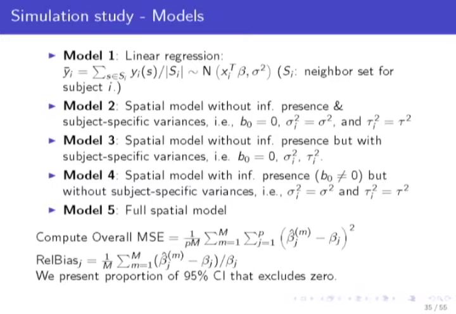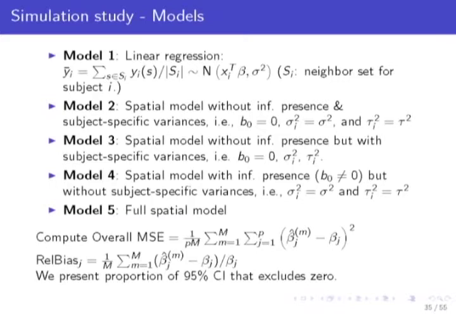Third model, spatial without informative presence, B0 again 0, but I'm considering sigma I and tau I. So I'm going in hierarchy. Then the fourth one is the spatial model with informative presence, that is B0 not equal to 0, but without any subject-specific variances, more like 2 but with B0 not equal to 0. And 5 is the full spatial model, where I have the spatial association, B0 not equal to 0, and sigma I square and tau I square.